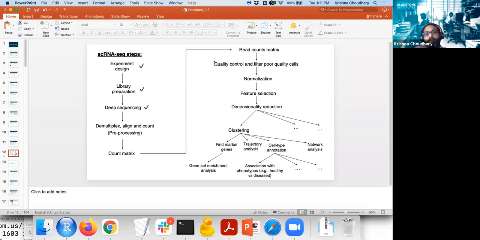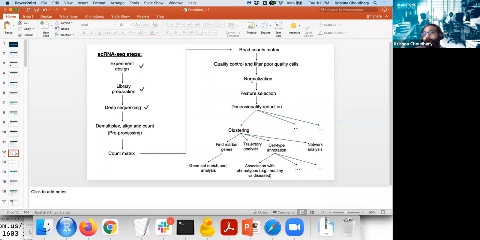So to start with, you will have to do quality control of the data to check if there are any barcodes which are perhaps associated with empty drops, or let's say doublets of cells, and then we will filter them.